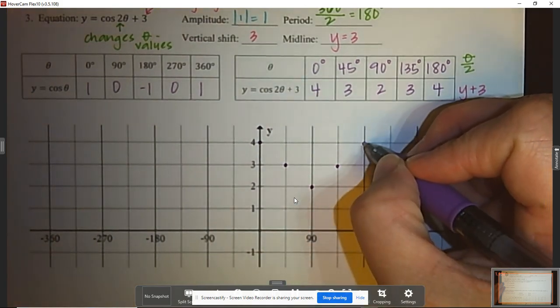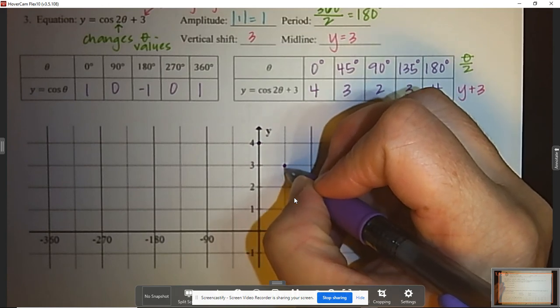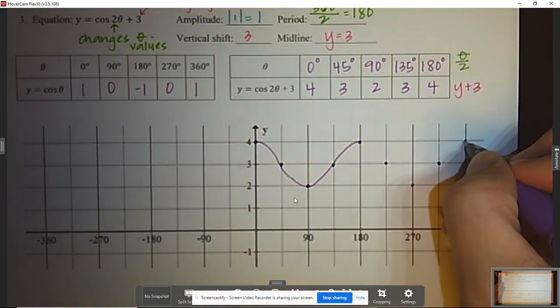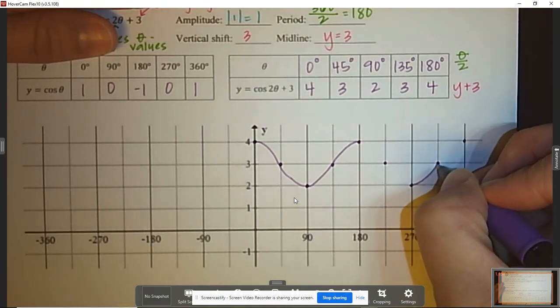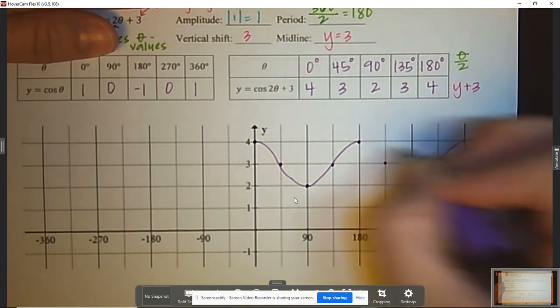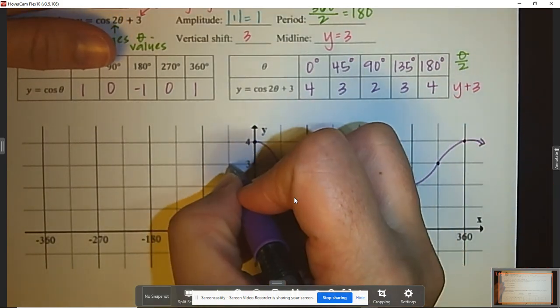So let's sketch this in first. All right.